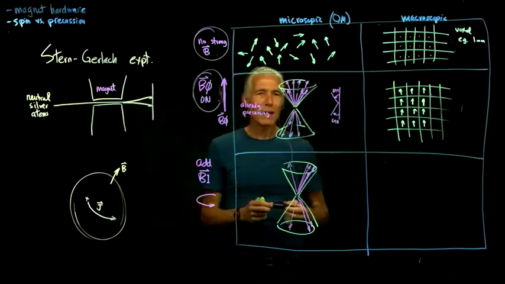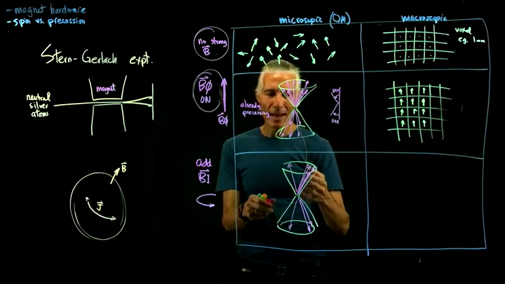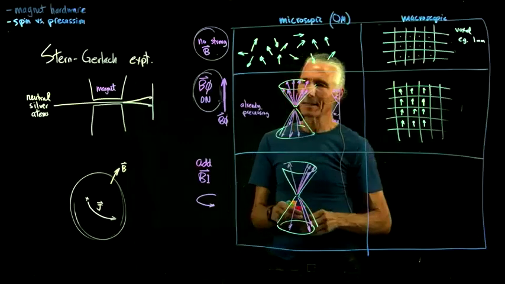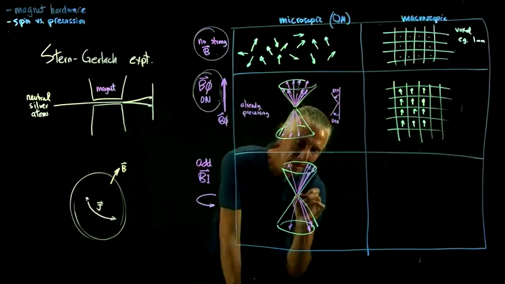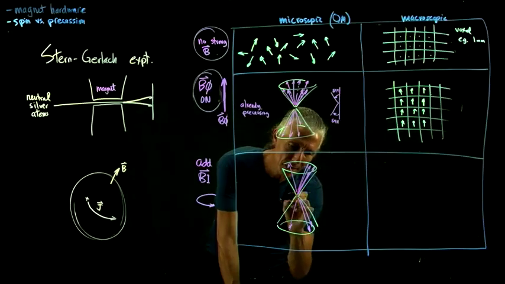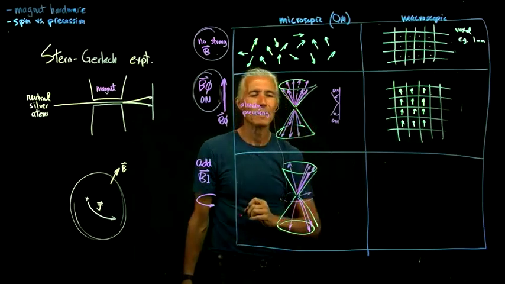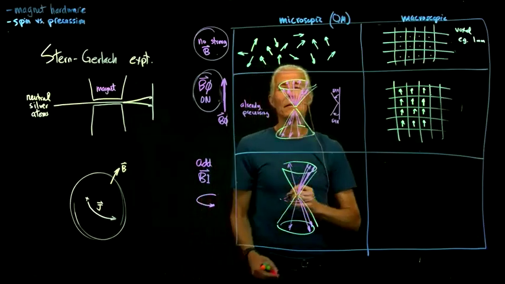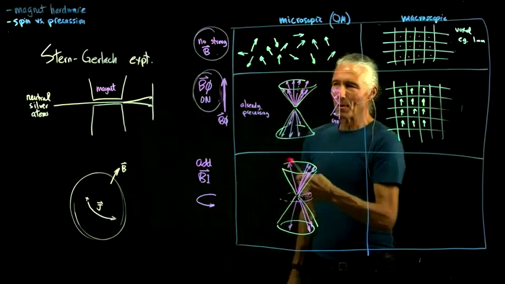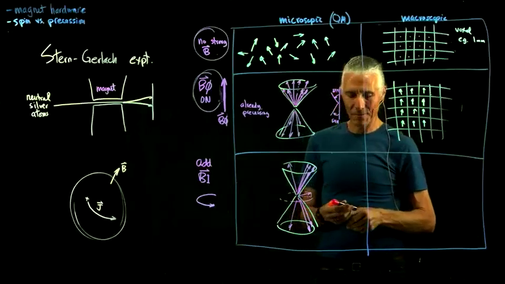So what happens if we add all those up? You'll get a vector that, if this was the horizontal plane, will be sticking out of the horizontal plane a little bit like that, slightly up out of the horizontal plane, rapidly rotating around, because we swept them all into alignment with each other.